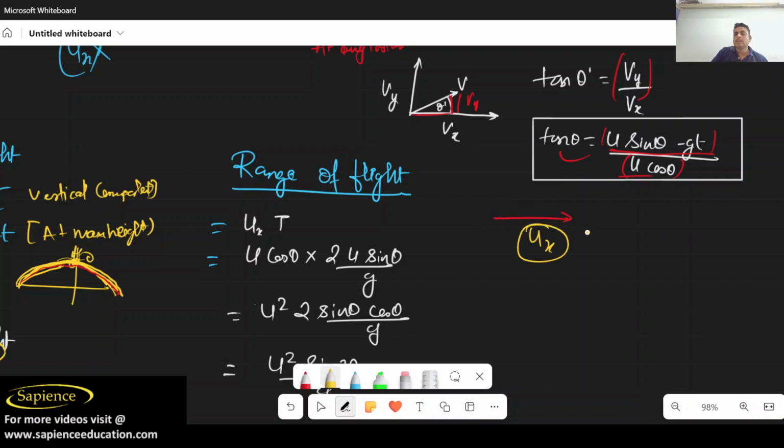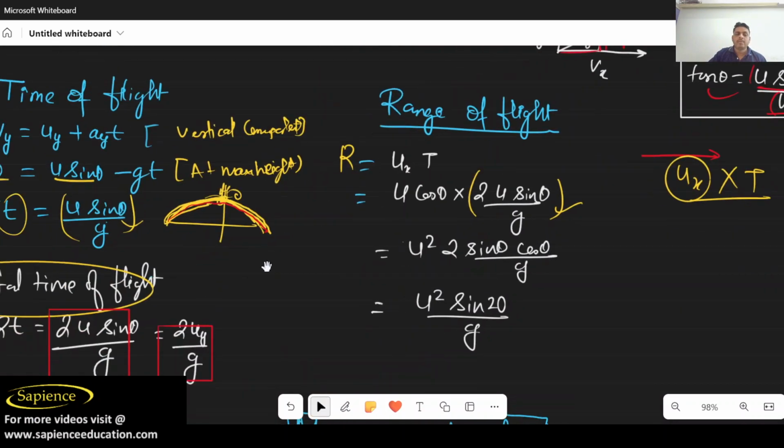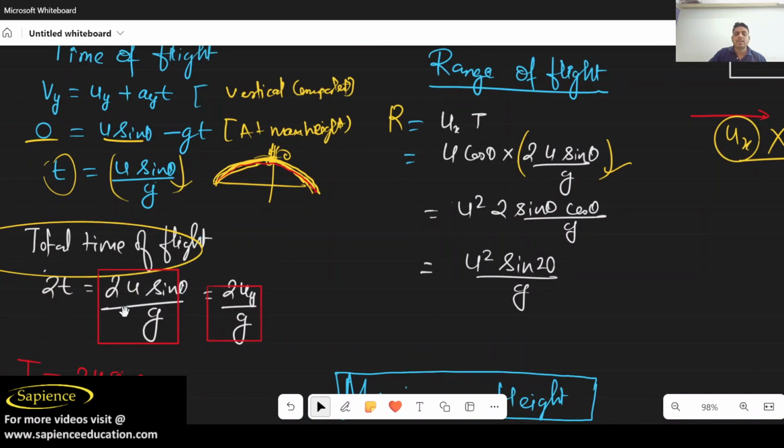Ux velocity. How much time is taken? Time t. So can we write range is equal to ux into t? As ux is u cos theta, and the time of flight we just found by derivation is 2u sin theta by g.